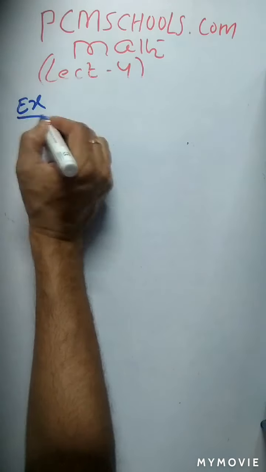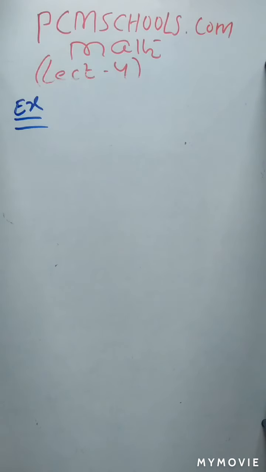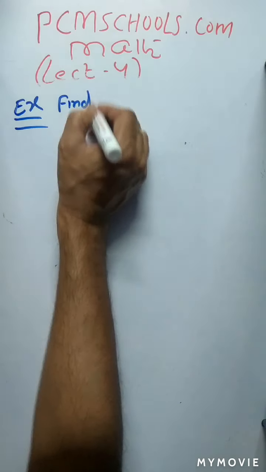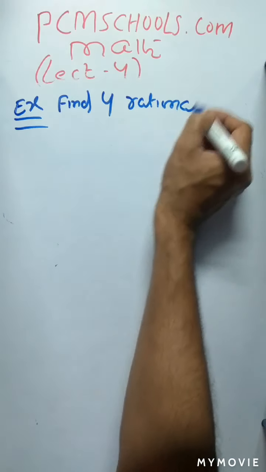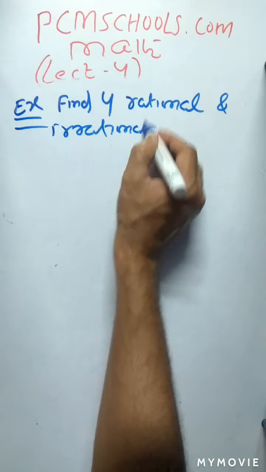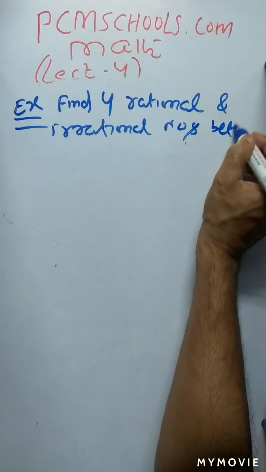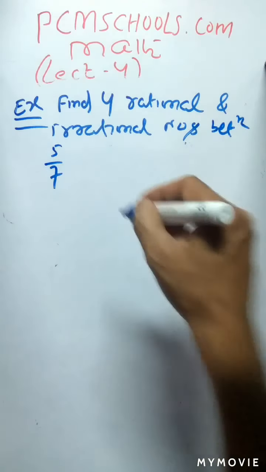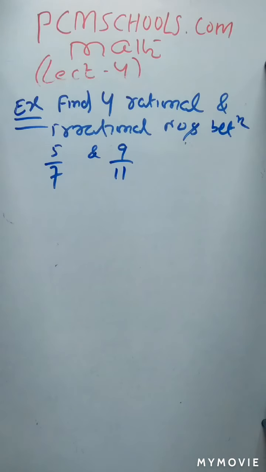Next, let us take another example. The question is: find four rational and irrational numbers between 5 by 7 and 9 by 11.